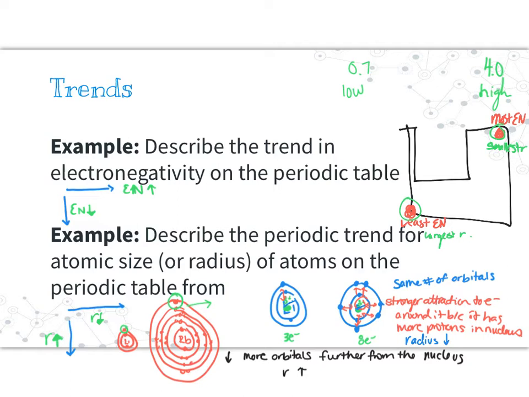So electronegativity and the size or radius of an atom are opposite. If it has a large electronegativity, it has a small radius, and if it has a low electronegativity, it has a large radius. So these must be inherently related. This is as far as we'll explore that, but you should know the trend for each.